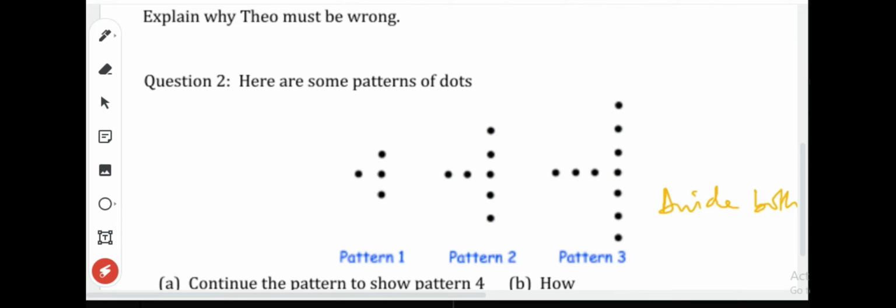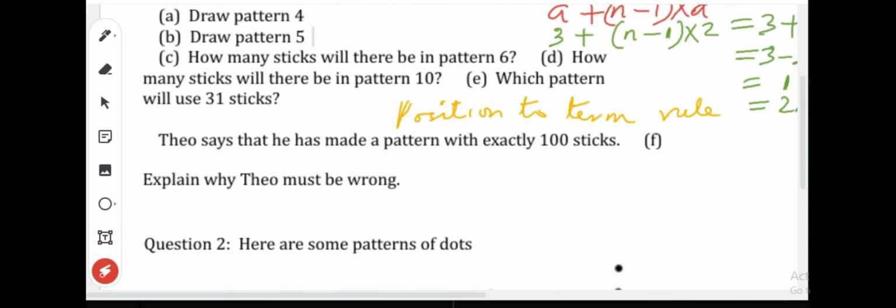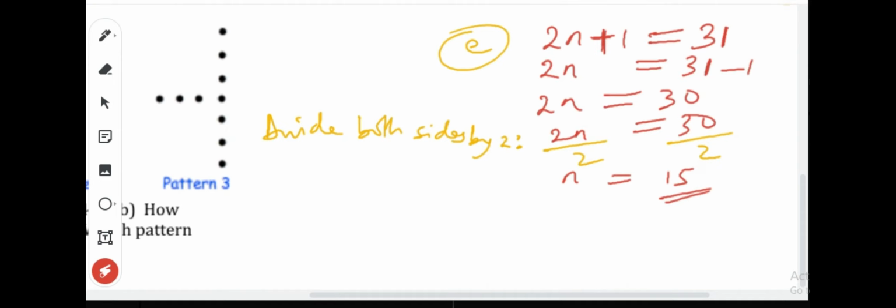Now another question says, Theo says that he has made a pattern with exactly 100 sticks. Explain why Theo must be wrong. Well, it's obviously not possible to make 100 sticks. Let's see.